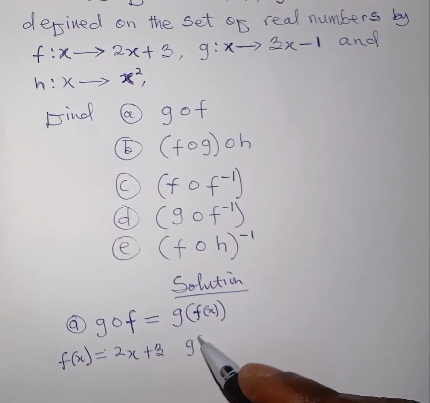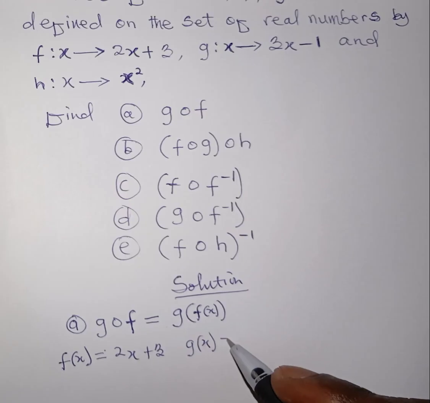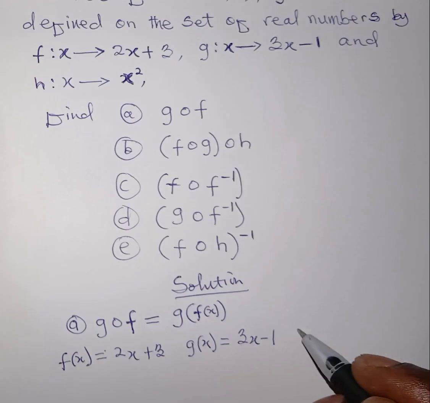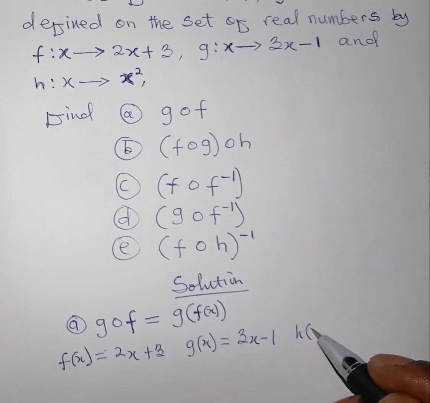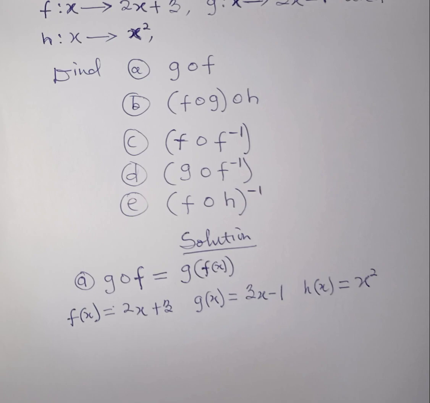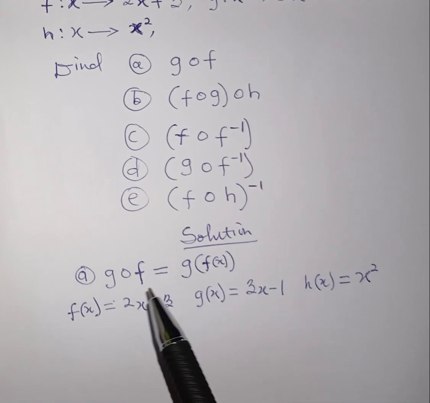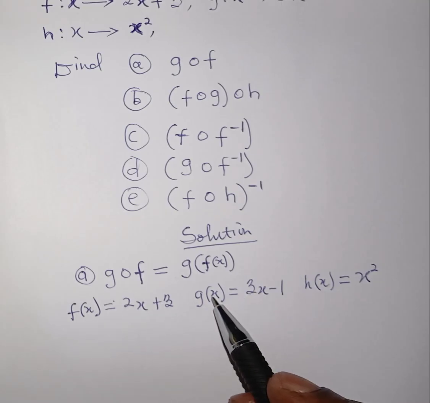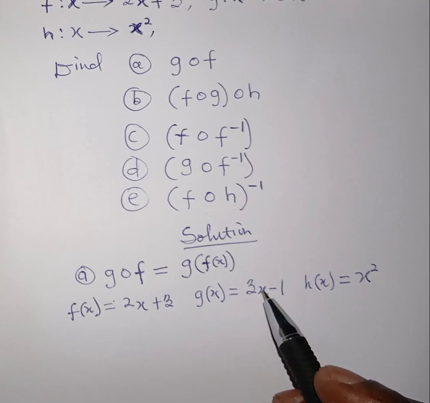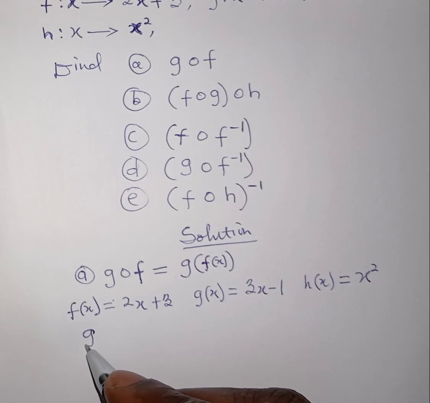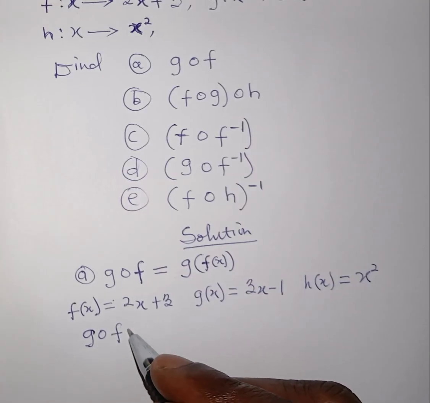My g at x is also giving us 3x minus 1, and my h at x is also giving us what? x squared. Great. So once we have that, I'm only going to put the entire function into what? Function g. Wherever I see x, I'm going to put everything here.